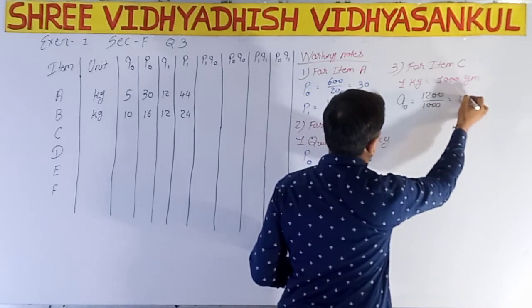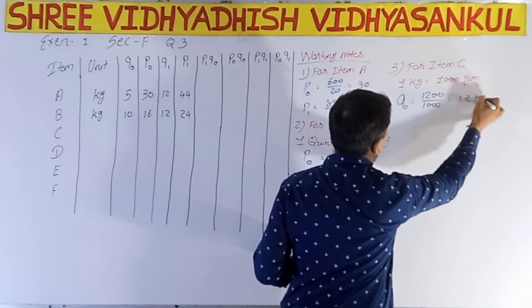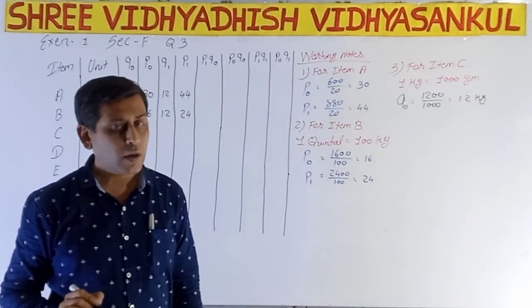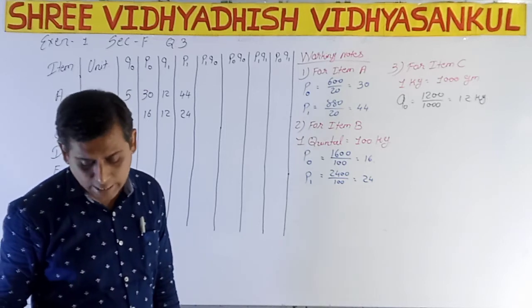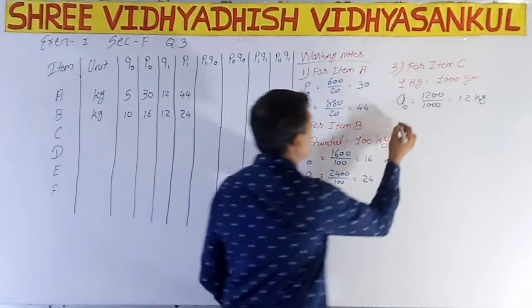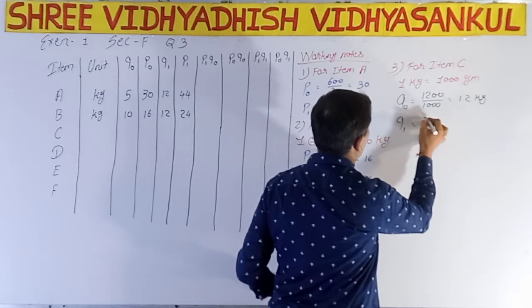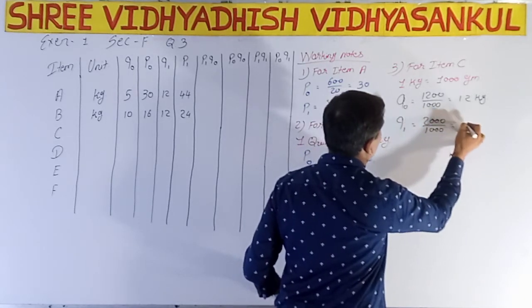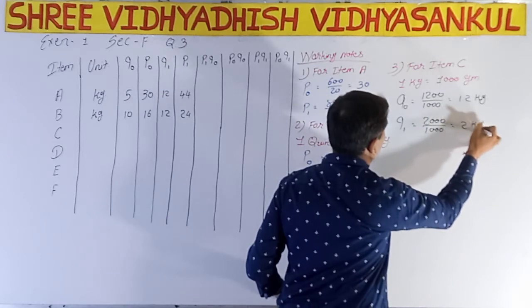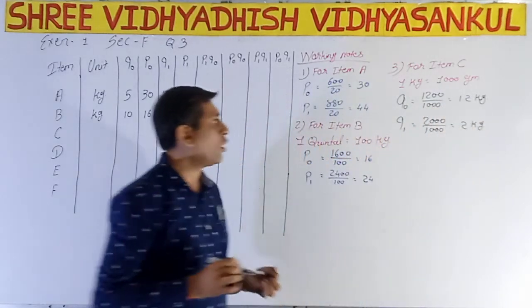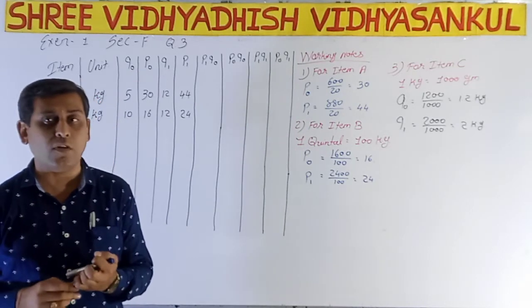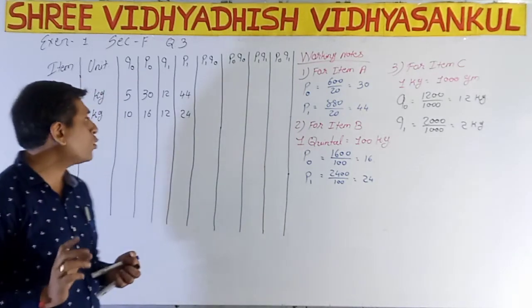So here 1.2 kg is the quantity of the base year, and the quantity of the current year is 2000 divided by 1000, that is 2 kg.